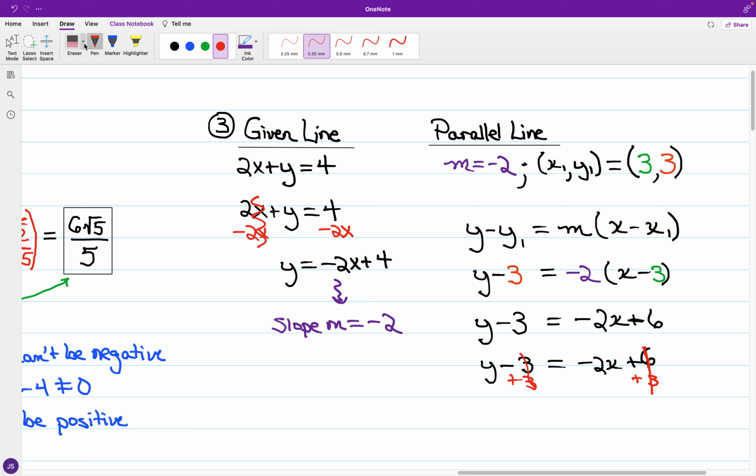So in the follow-through, we're going to have that y is equal to negative 2x, and with 6 plus 3, this will come out to 9.